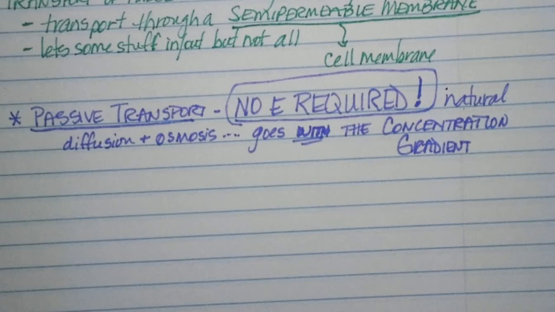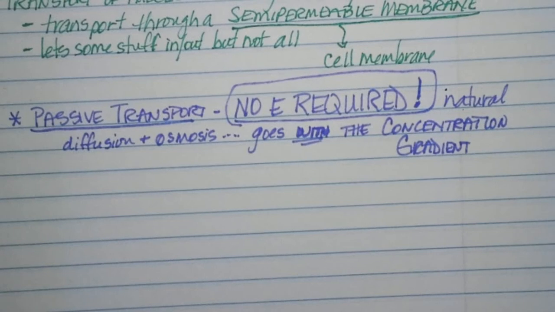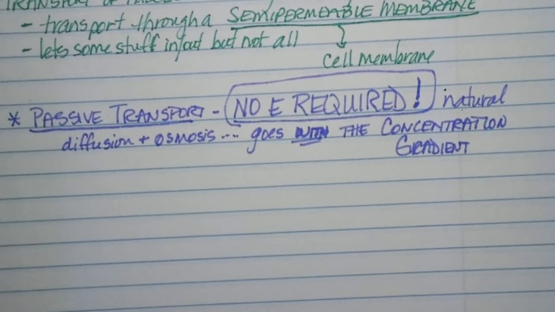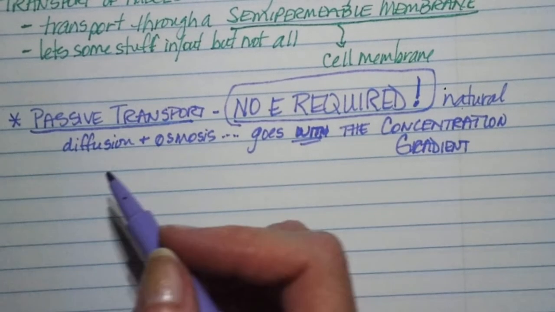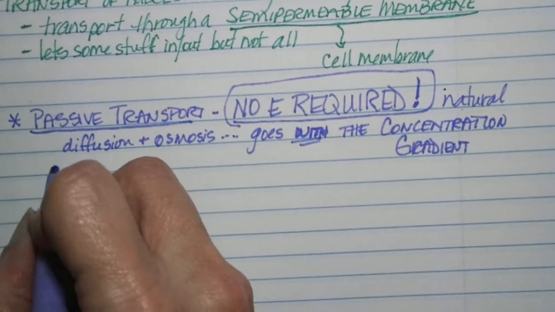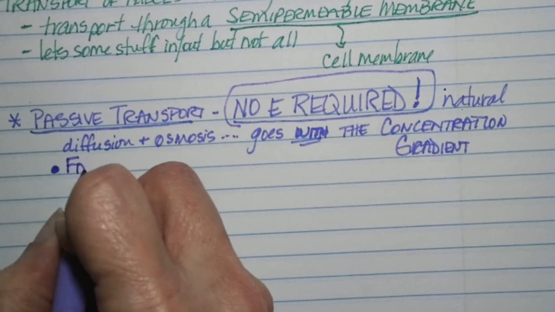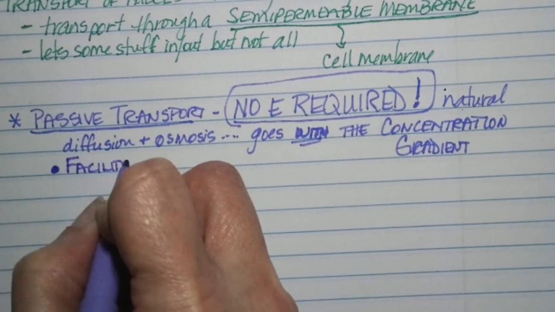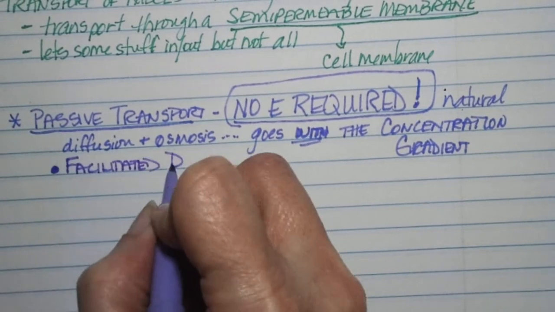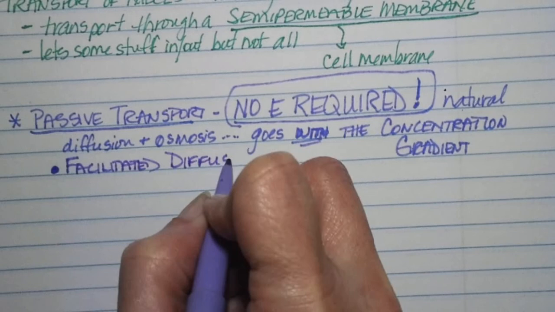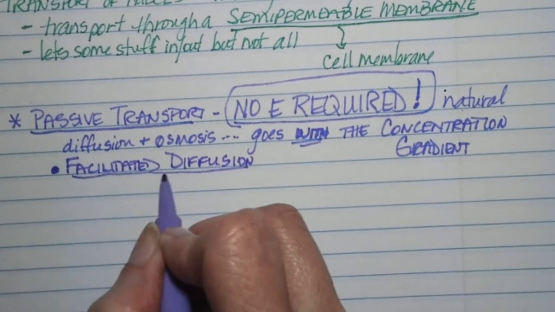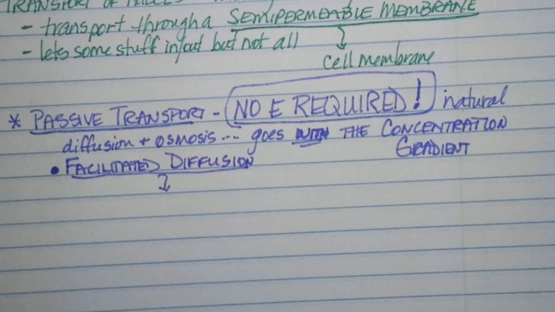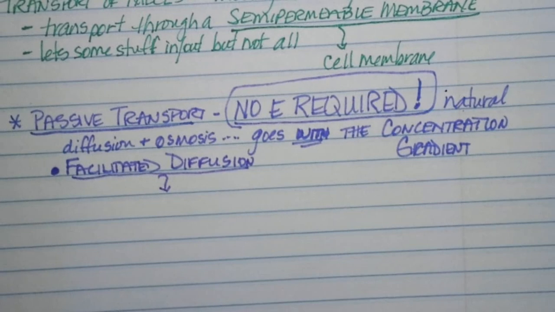Now, there is a special type of passive transport called facilitated diffusion. Big ugly words. Facilitated diffusion is the diffusion of molecules or ions through the proteins in a cell membrane.